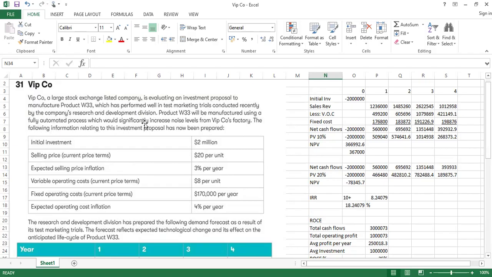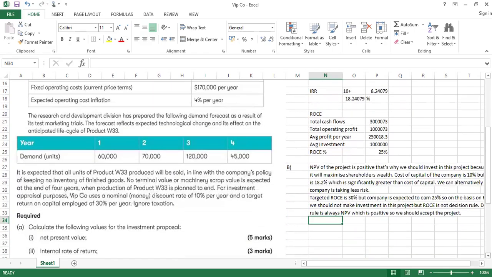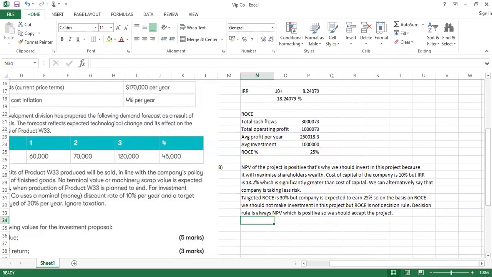This is the first concern. Second one is forecast effect. Next is no terminal value or machinery recovery expected. So the main concern is like noise level.